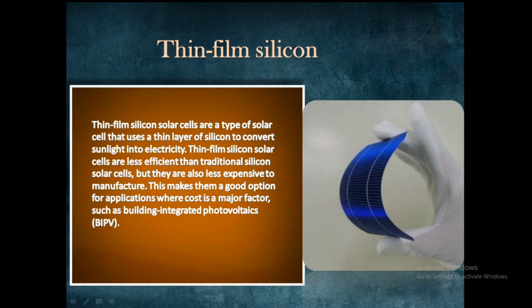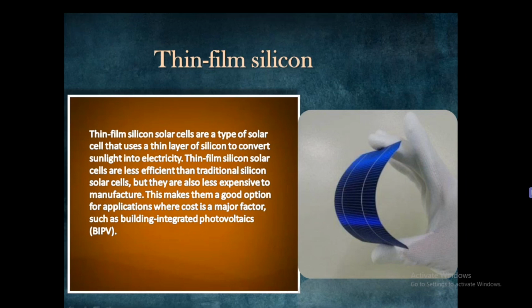This makes it a good option for applications where cost is a major factor, such as building integrated photovoltaics, BIPV. BIPV can be seen in companies and major buildings, integrated with houses, apartments, and rooms.